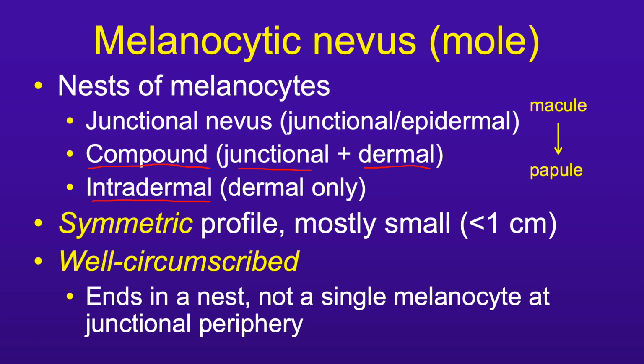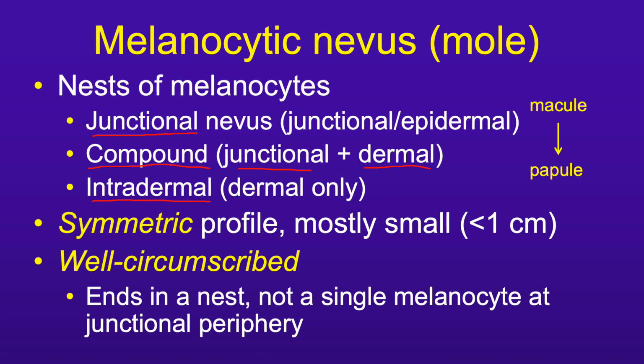And what we're skipping over, because it's kind of a component of the compound nevus, is the junctional melanocytic nevus, where we have nests of melanocytes only in the basal layer of the epidermis. And as you might imagine, the junctional nevi clinically are macules, whereas compound and intradermal nevi are papular or elevated lesions, somewhat generally proportional to the extent of the dermal component.